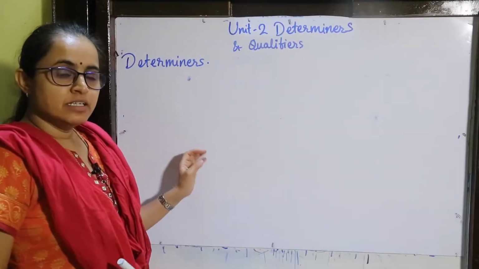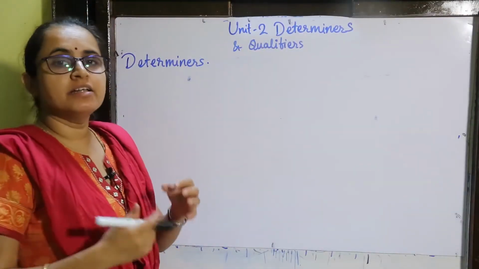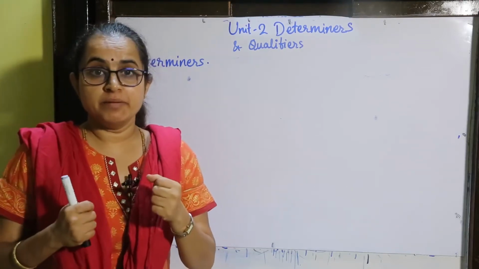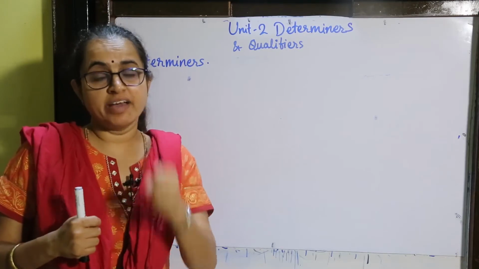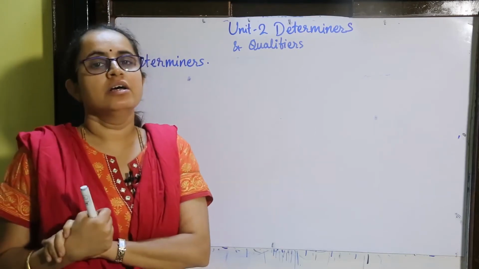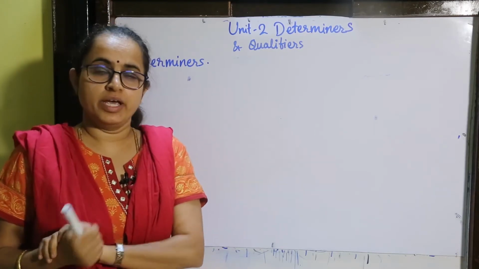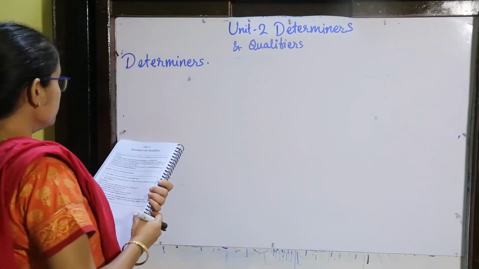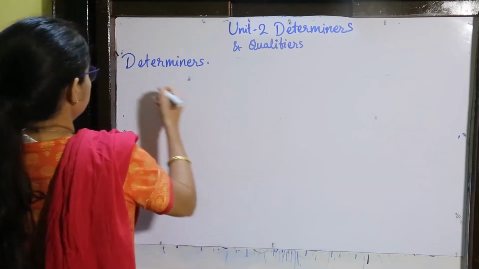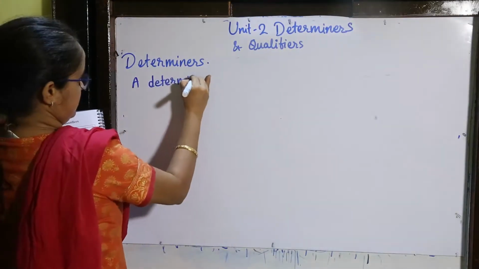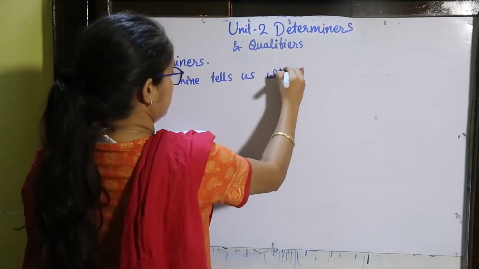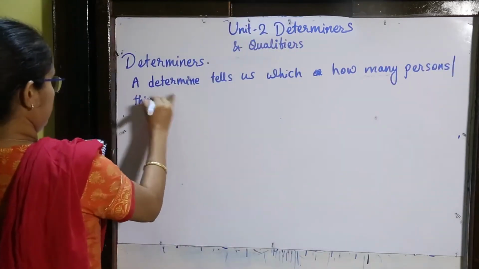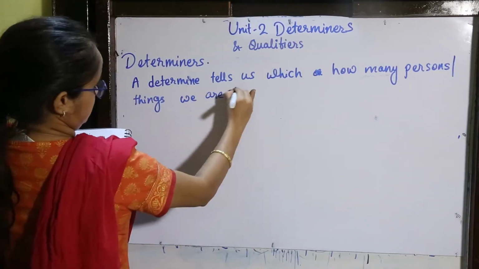Apart from that, what does determine mean? Determine means it tells you a definite thing about the noun. Write this down: determiners tell us which and how many persons or things we are talking about.